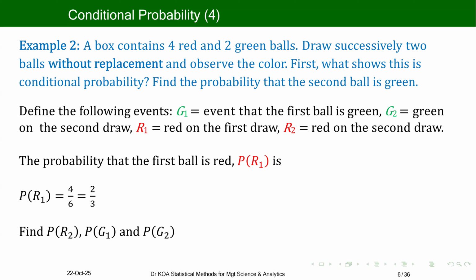Emily, your answers are 2 different answers. But I was saying that since we are looking at the second ball, if the first ball was green, then the probability will be 4/5. But if the first ball was red, it will be 3/5.